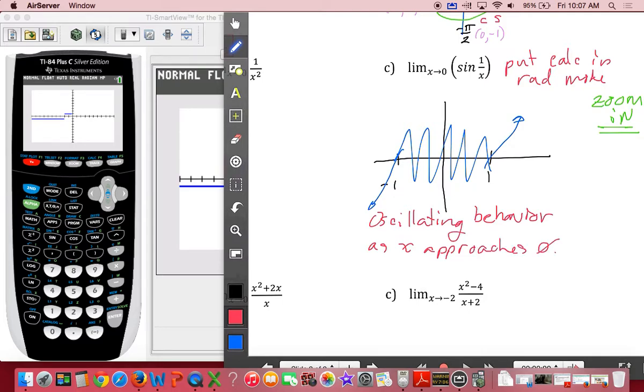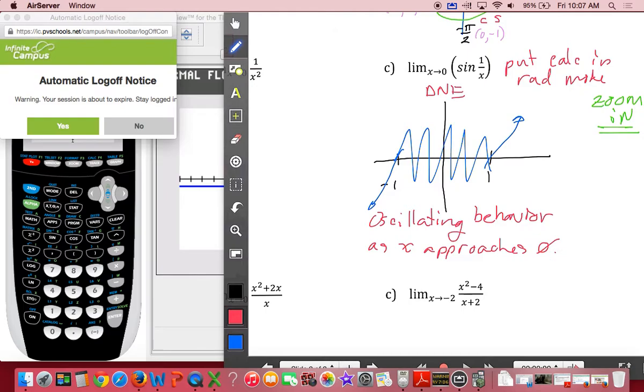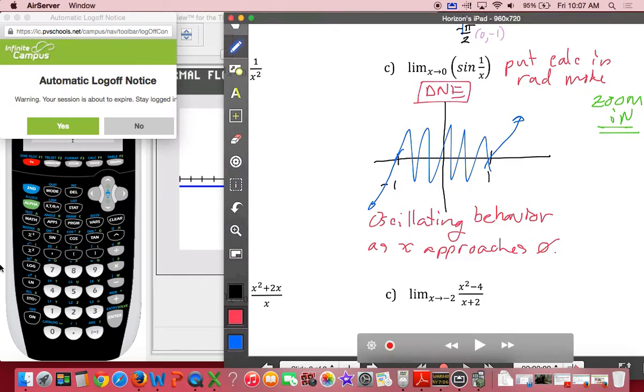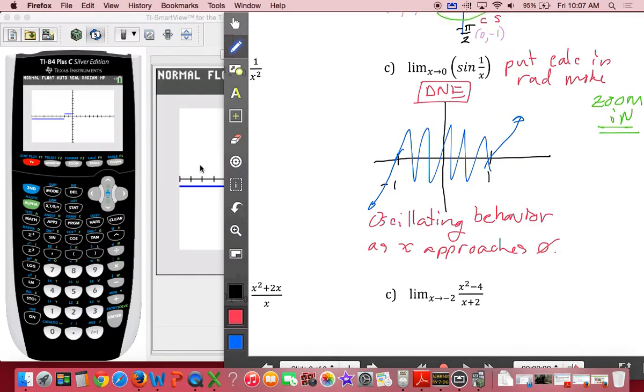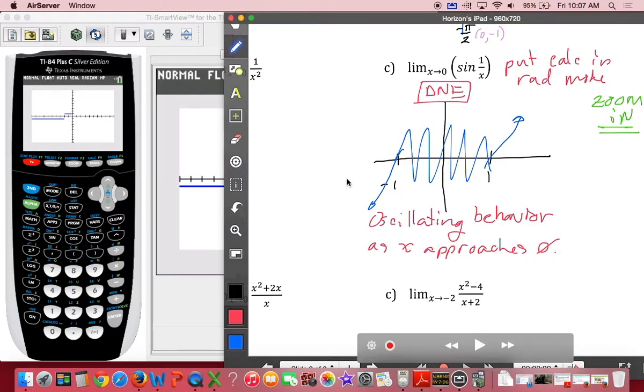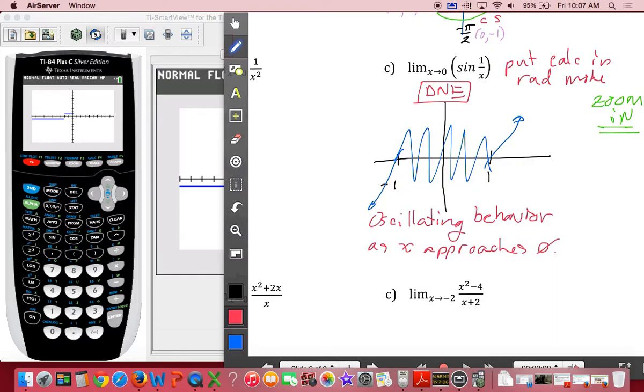That means that the limit does not exist. So that's another way for a limit to fail to exist.